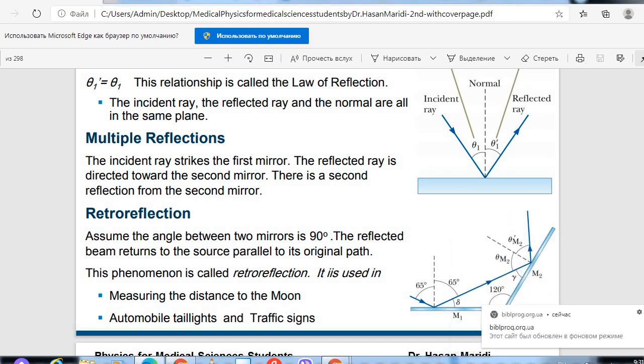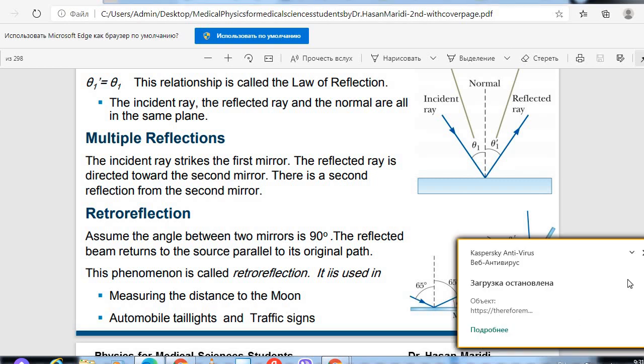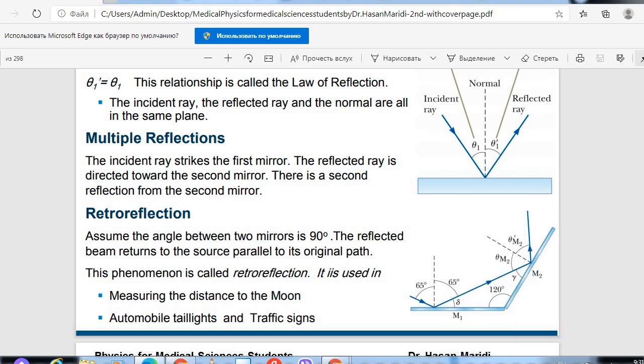In this retroreflection, we can assume the angle between the two mirrors is 90 degrees, and the reflected beam returns to the source parallel to its original path. This phenomenon is called retroreflection.